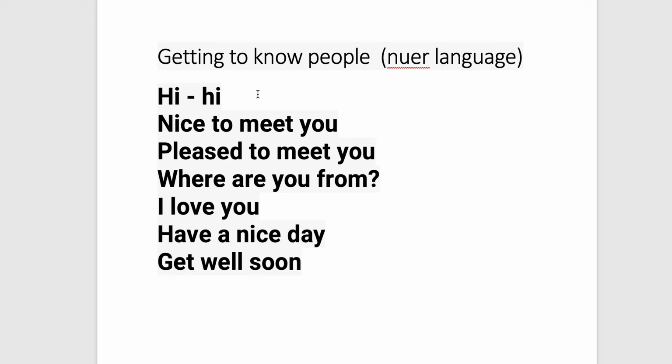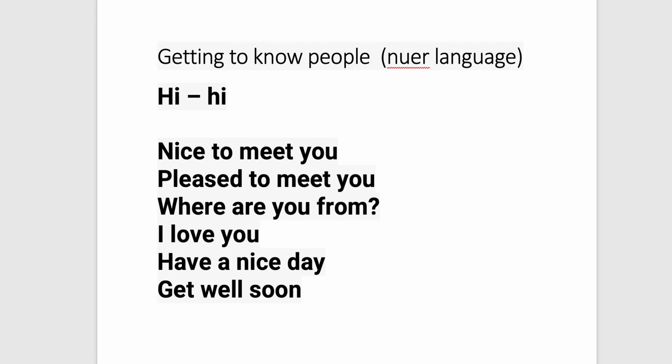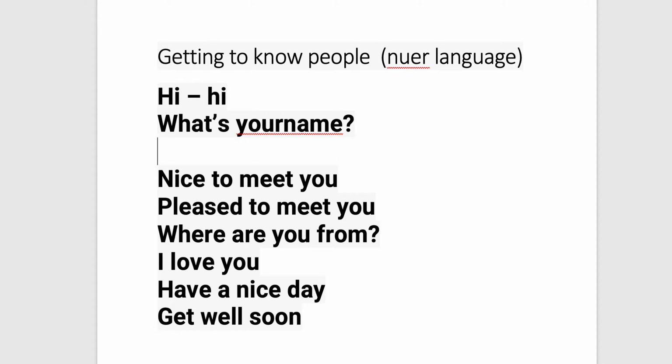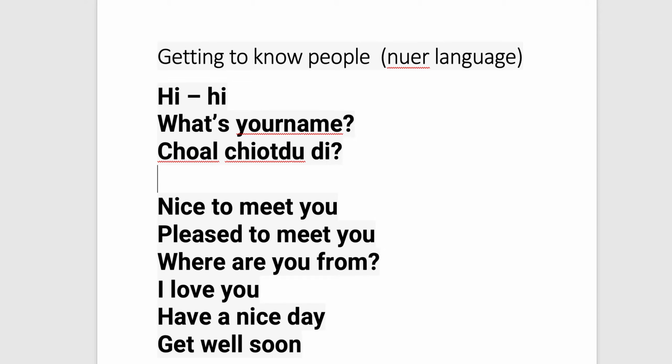And before you do that, you might ask the person, what's your name? Here we say shall shududi in your language. You also don't pronounce this like qual, this is chal. I can write this in your language if I want to.